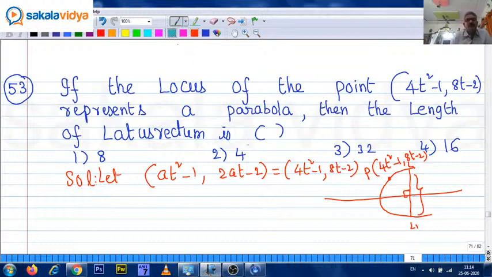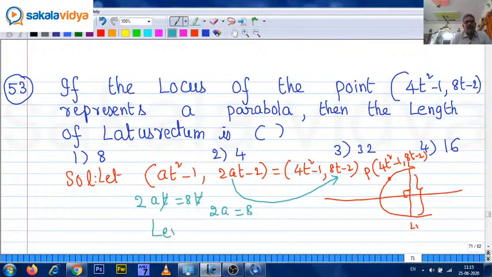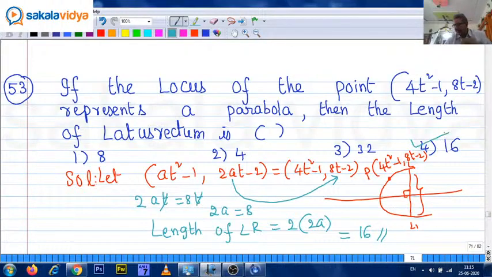That means this 2at is compared to 8t. 2at is compared to 8t. t gets cancelled. 2a equals to 8. Length of latus rectum is 2 times 2a, 4a. That means 16. Answer is fourth option.